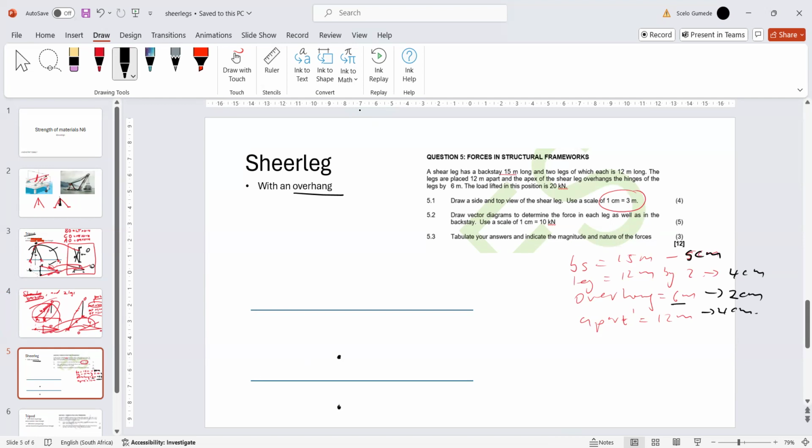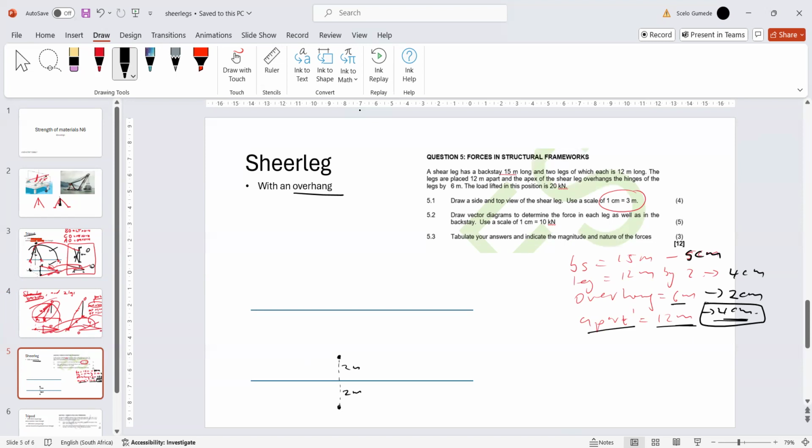We are told that they are 2 meters apart, meaning from there to there is 2 meters and 2 meters to produce the 4, so the legs are apart by 4.